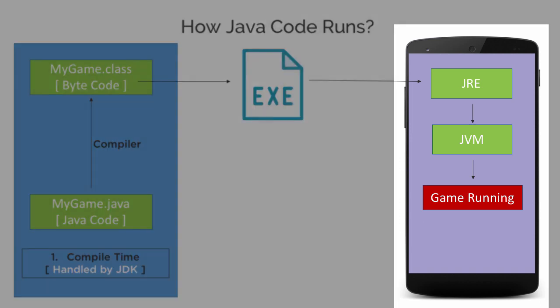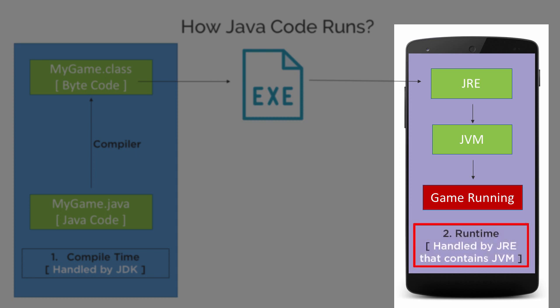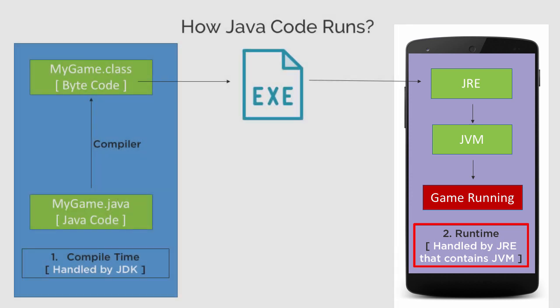And on the right hand side, whatever process we can see here, that is running of the file with the help of JRE and JVM, is actually known as the runtime. So the runtime phase is handled by the JRE that contains the JVM. So overall everything is divided into two phases, that is the compile time and the runtime.